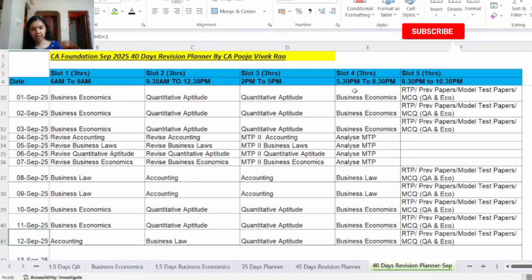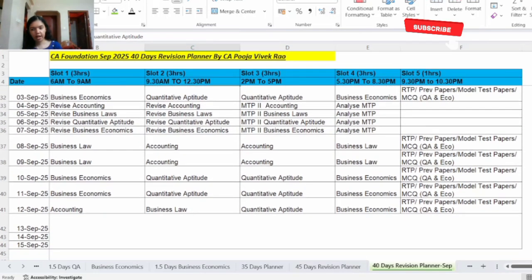And simultaneously in slot number 5, you will be going through the revision test papers, previous year papers, model test papers, and for MCQ based papers, that is economics and quantitative aptitude, you will be practicing MCQs from different sources. So this is how we have strategically kept your study plan.